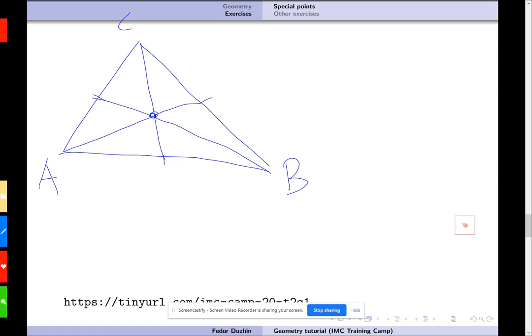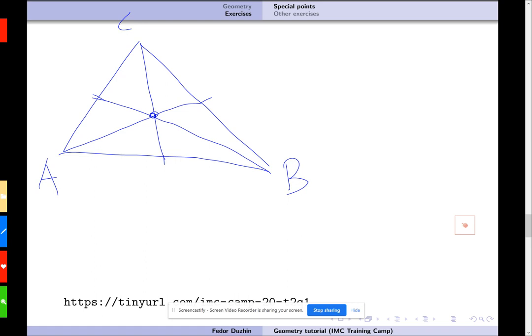Recall that barycentric coordinates are proportional to areas of the corresponding triangles. So PAB, PAC, and PBC. Let me just show that all of them are equal.